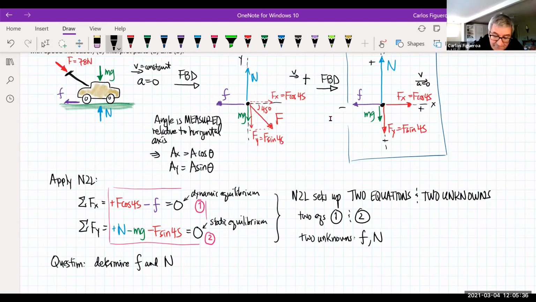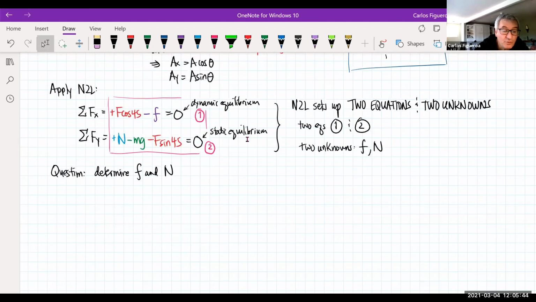So here I go. Now I'm going to write this here. In this case, we know what the force is. They tell us that the mass of the mower is 13 kilograms, and the force that Paris pushes with is 78 newtons.